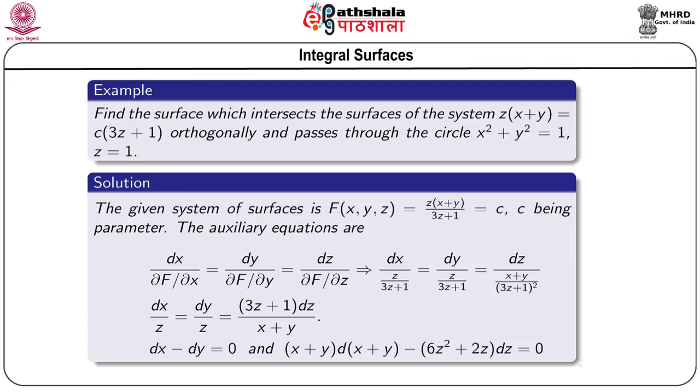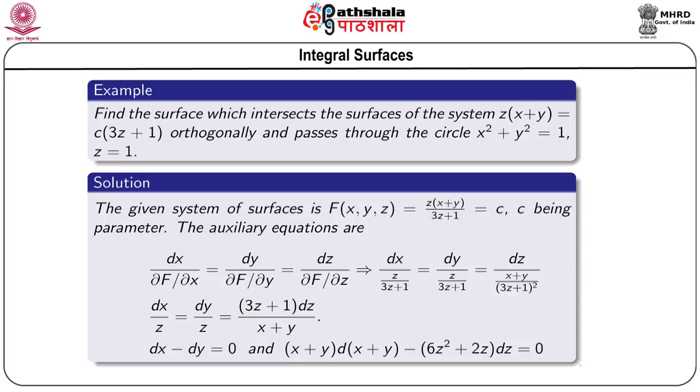That means we have to find the system of surfaces which cut the given system orthogonally, and which pass through the circle x square plus y square equals 1 and z equals 1. So, let us first find the system of orthogonal surfaces.